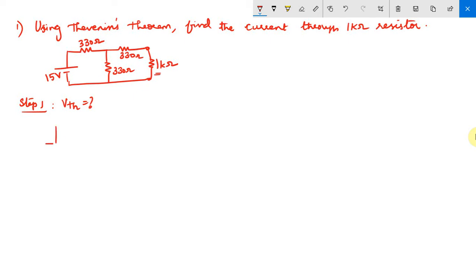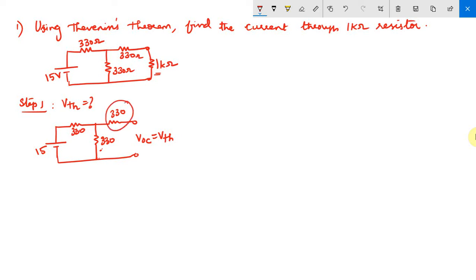So redraw your circuit. We have 15 volt, and all other resistors remain the same; only the load is removed by open circuiting. Now we need to find the voltage across this open circuited path, which is equal to VTH. How can we find it?